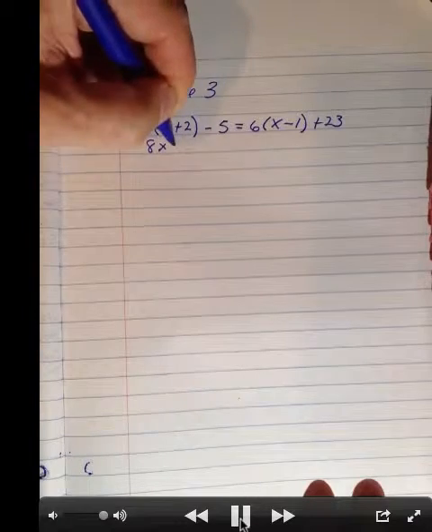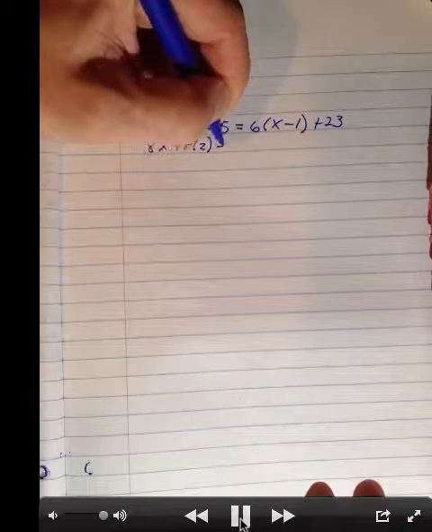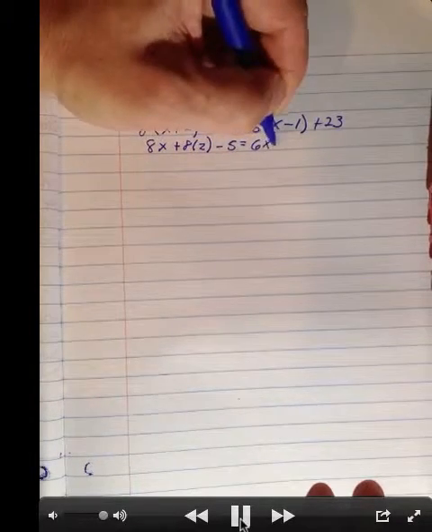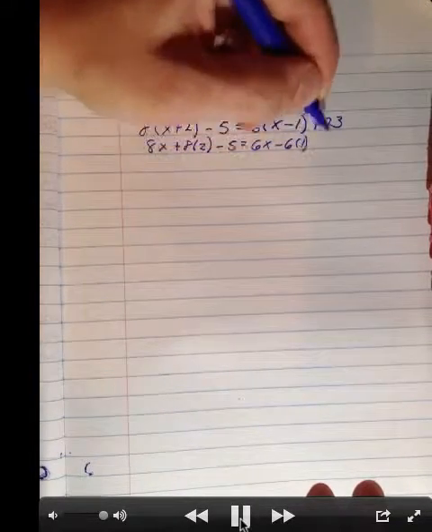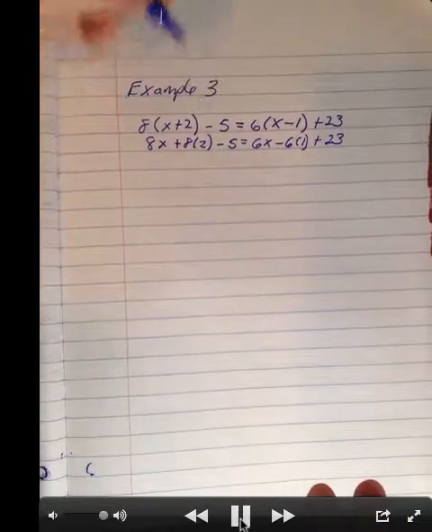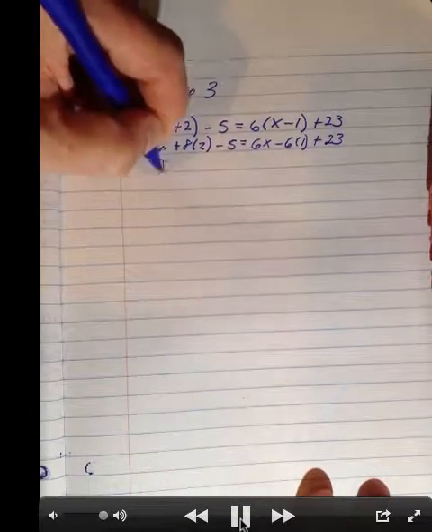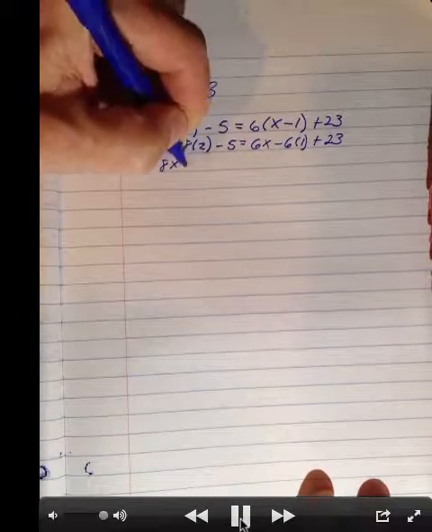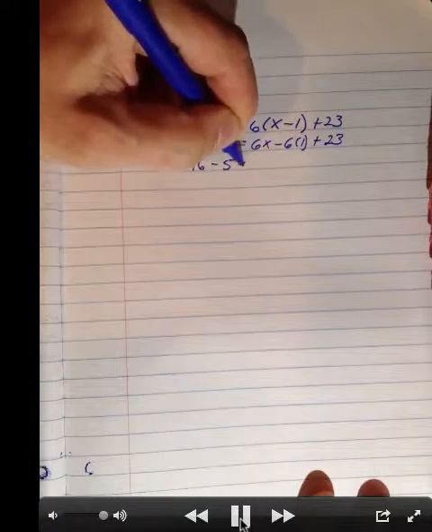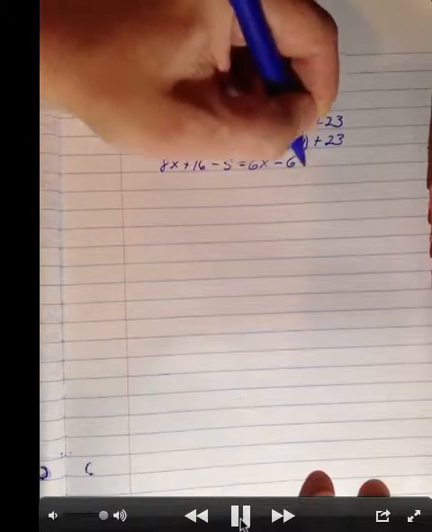We're going to distribute the 8 to 8x plus 8 times 2 minus 5. Distribute the 6 to 6x minus 6 times 1 plus 23. Eight times 2 is 16. 6 times 1 is 6.